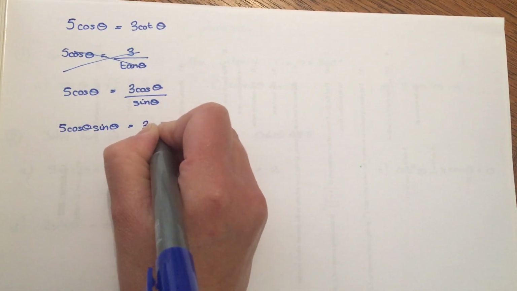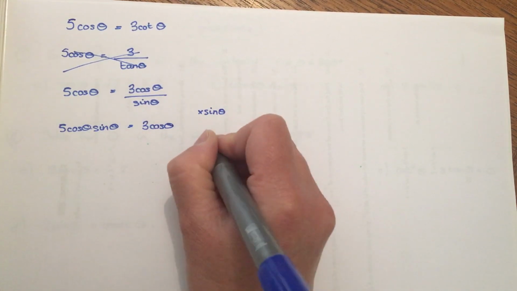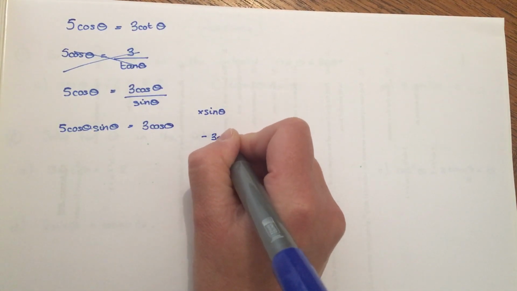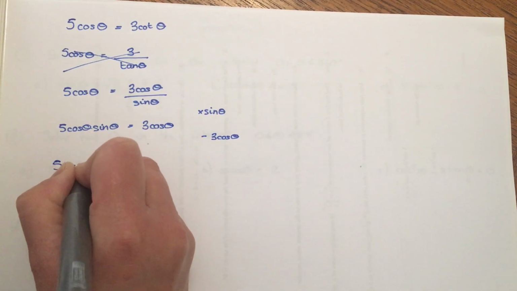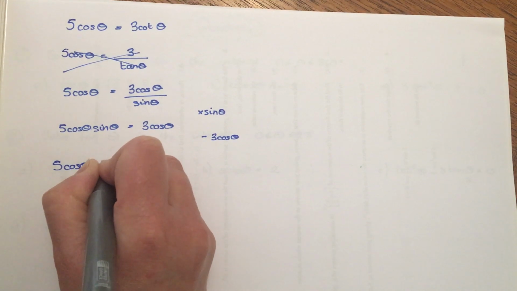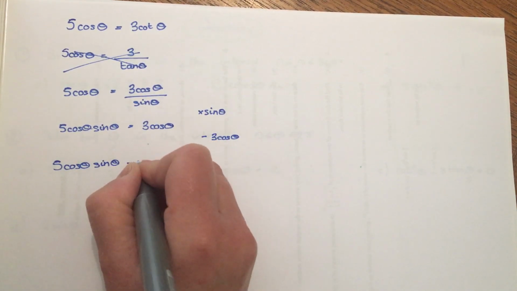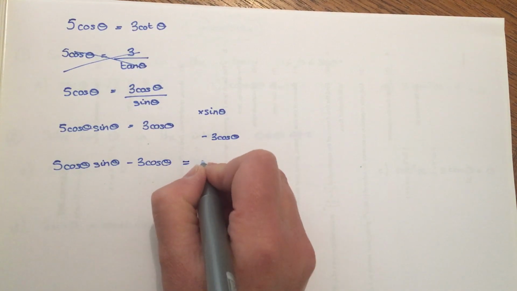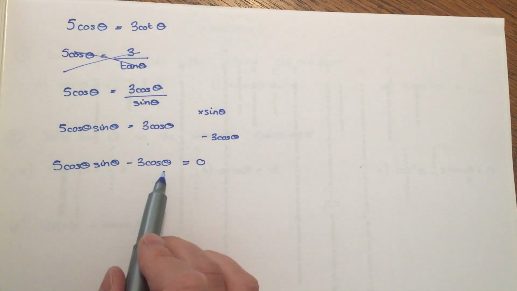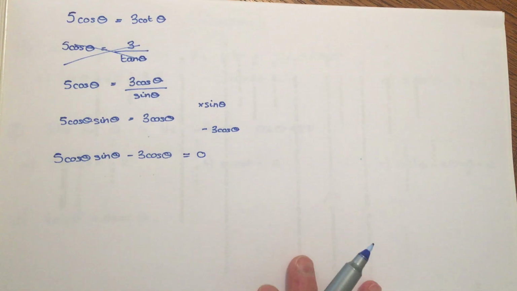equals 3 cos theta. I can then subtract 3 cos theta, which will leave me on this side with 5 cos theta sine theta minus 3 cos theta. And on this side, I have 0. This I can factorise because cos appears in both.